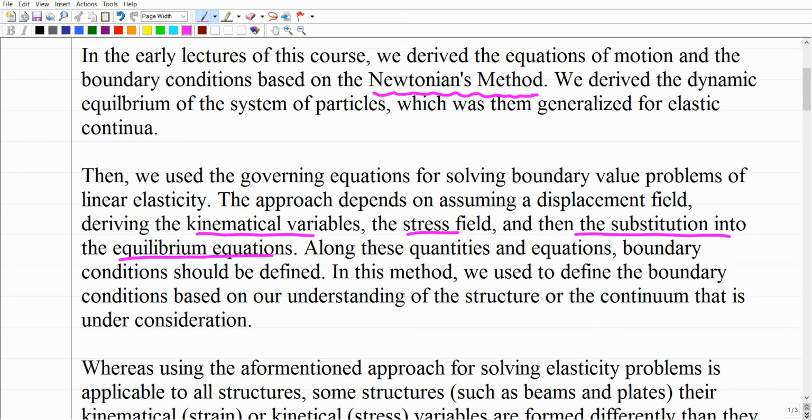And this is what we typically did when we solved one-dimensional problems. As I mentioned here, we started by assuming a displacement field, then we formed the strain field, the stress field, then we plugged these stresses into the equilibrium or equation of motion, as long as we are working in statics, and we end up with some ODEs or partial differential equations.